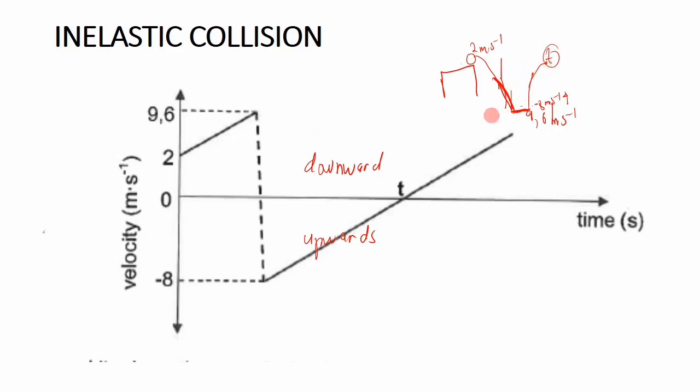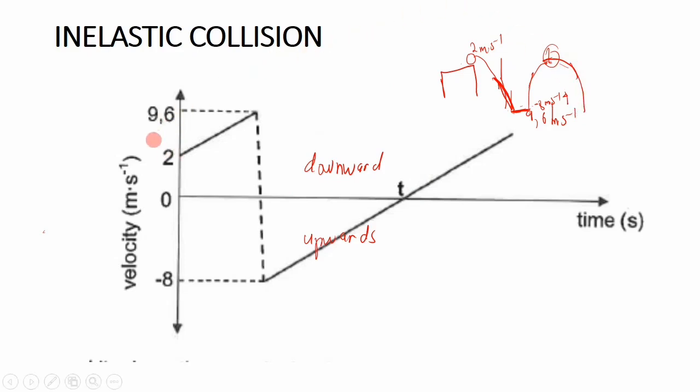Then after reaching that maximum height, it goes back down. So we can see that after t, it crosses the x-axis, which is now going where? Downward, right? So it's going back down like that. So let's check what is going on here.